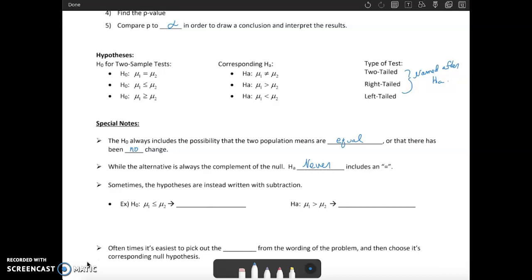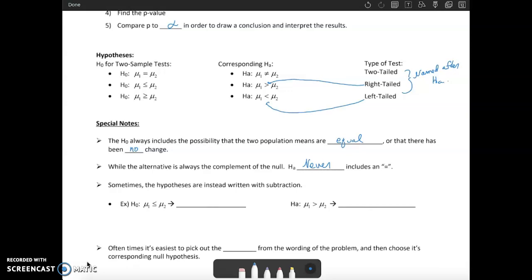The right-tailed test is called a right-tailed test because the alternate has a greater than symbol off to the right. And the left-tailed test is named for the alternate of saying, no, we think it's less than. So be careful about that, because the labels for these types of tests go with the alternates, not with the null hypotheses.